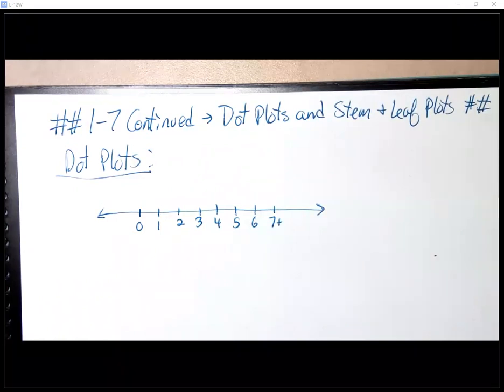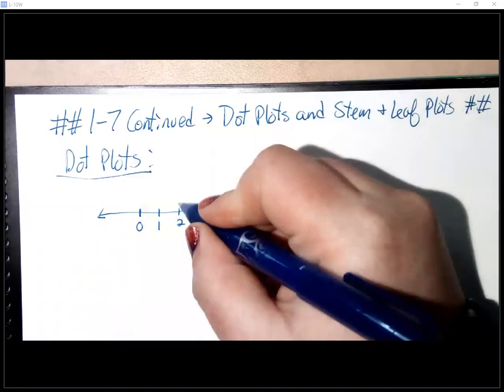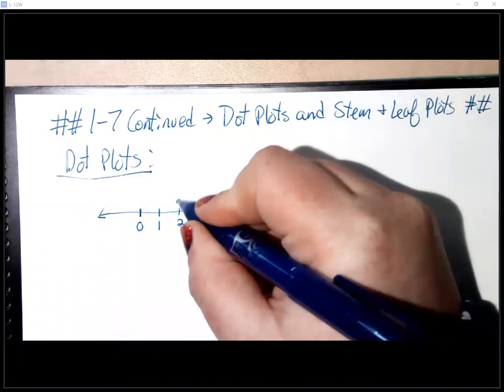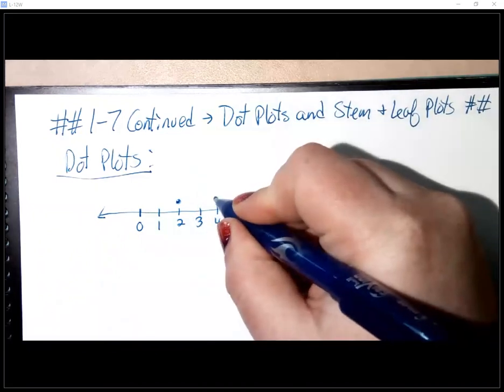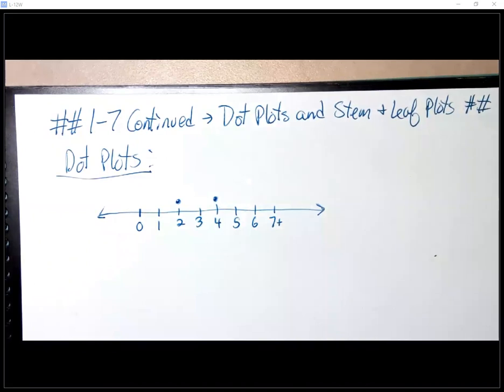So Christian, how many pets do you have? 2 pets. Okay, so I'm just literally going to put a dot at 2. All right, Sophie, how many? 4. Noah, how many pets?